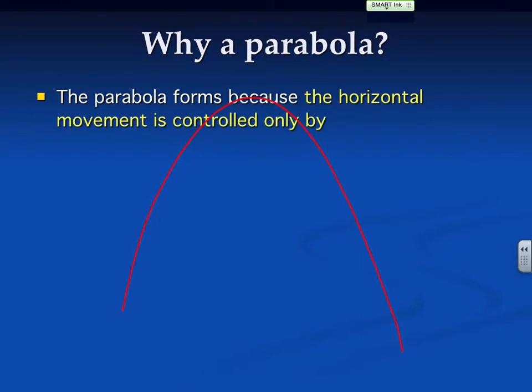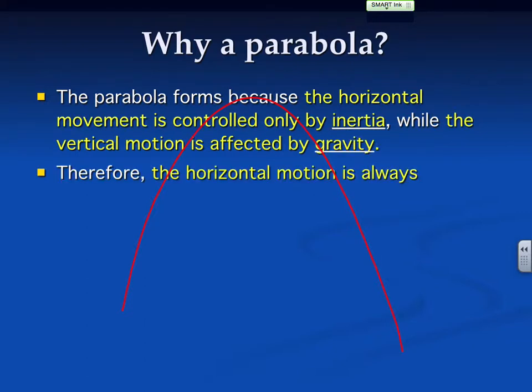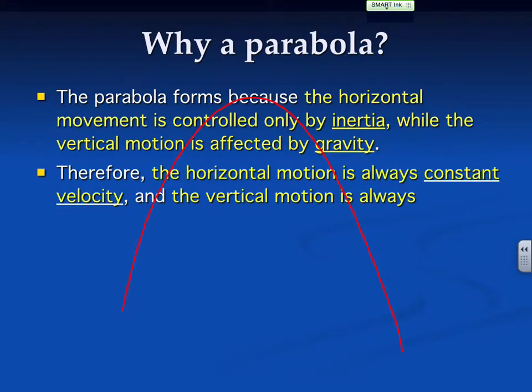The parabola forms because we have horizontal motion, and horizontal motion is controlled by inertia, and inertia says we can only travel at a constant speed. Vertical motion is affected by gravity, and gravity makes us accelerate. So horizontally we want to travel at a constant speed, vertically we want to accelerate.